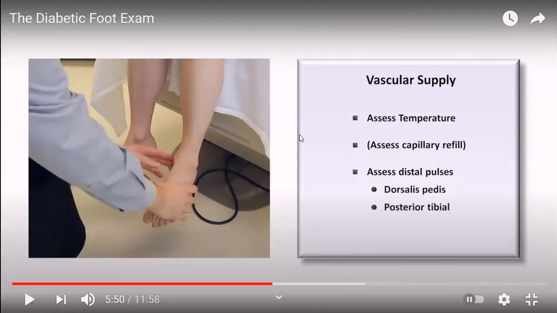Okay, so now first of all, here showing, so assess the temperature. So we can check the temperature of the foot. Everyone would understand, I believe. Then we can see the capillary refill. So you can press the capillary and then hold for 30 seconds.